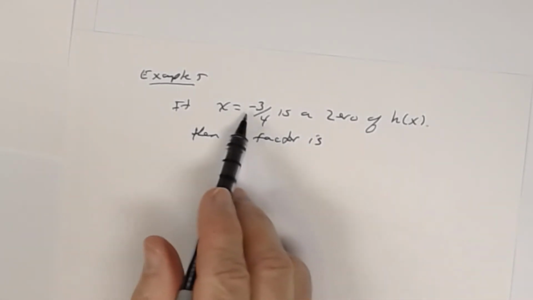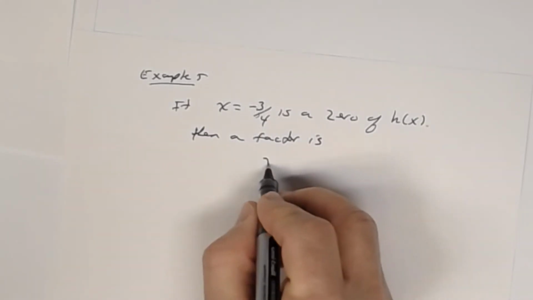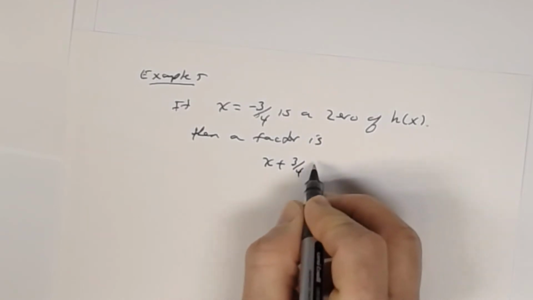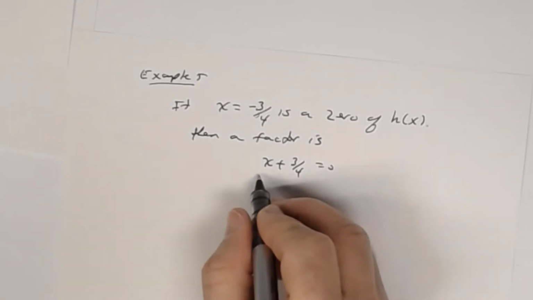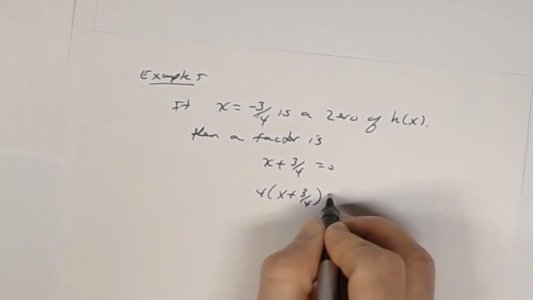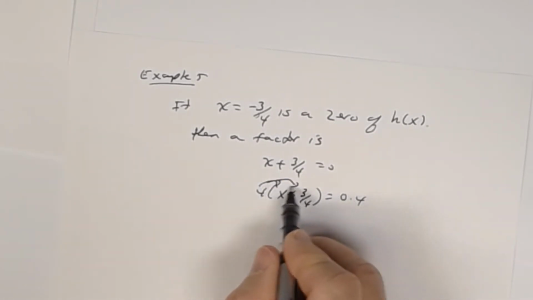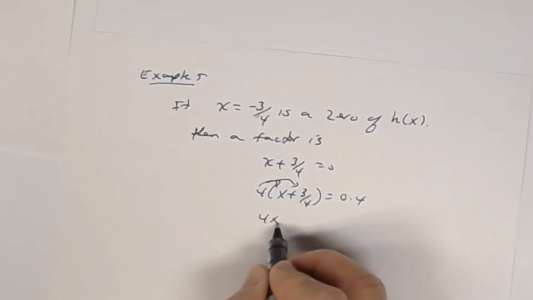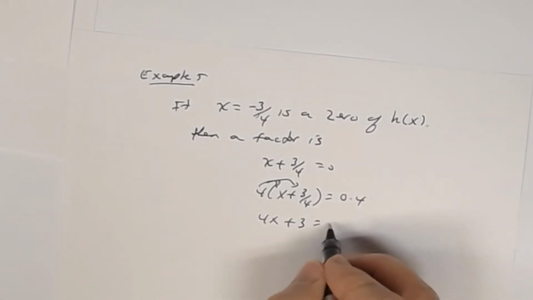You would write this as an equation, so you'd say x plus 3/4 equals 0. Then you multiply both sides by the LCD, which is 4, so you're going to clear the fractions. Okay, so multiply both sides by 4, then distribute and clear the fractions, so we get 4x. 4 times 3/4 is just 3, plus 3, equal, and then 0 times 4 is 0.